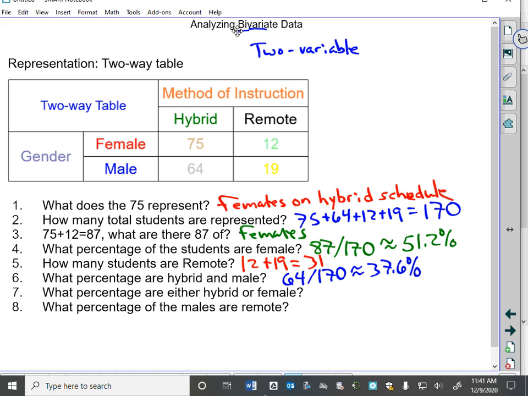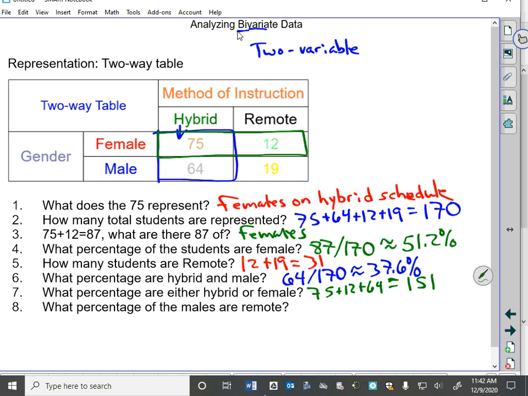Question number 7, what percentage are either hybrid or female? So we want everybody that is hybrid, these are all the hybrids, and we want everybody that is female, these are all the females, but we need to count the 75 female hybrid students only once, so this should be 75 plus 12 plus 64, which is 151 students.